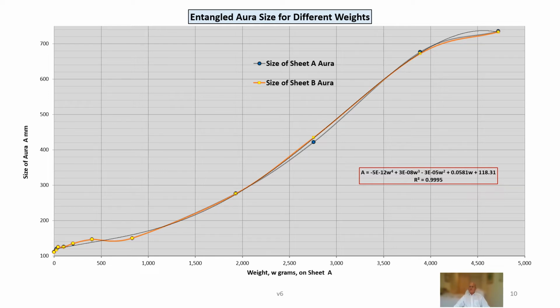The range of weights used in these experiments was between 0 to nearly 5,000 grams. This produced a 7-fold increase in the auras of both sheets A and B. Please note that the curves for sheets A and B and the XL trend line are closely superimposed.